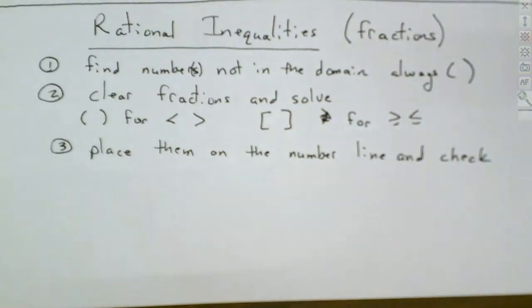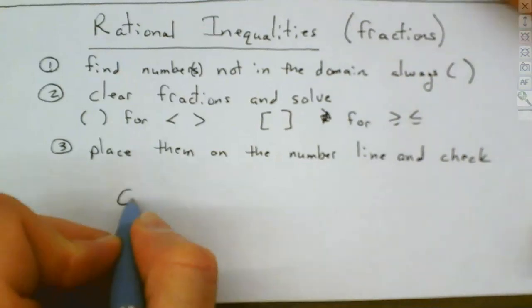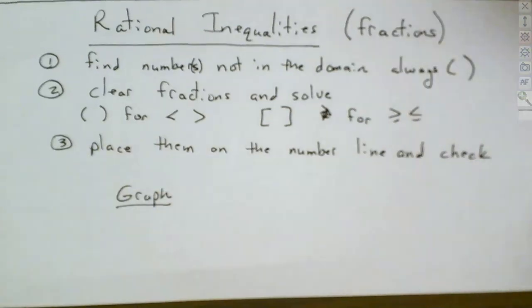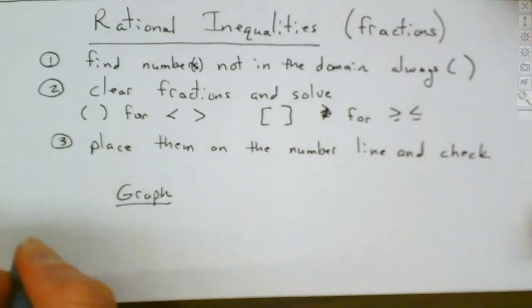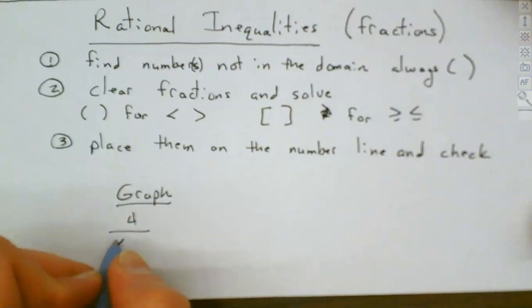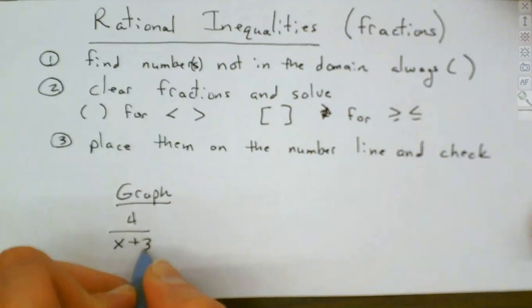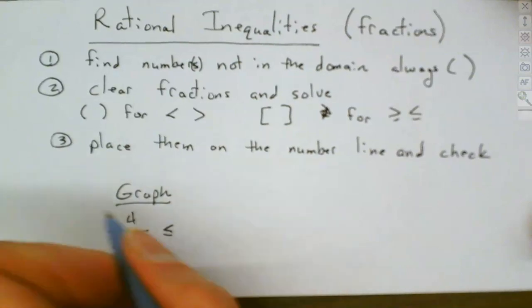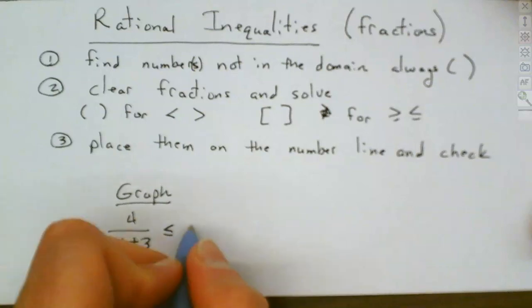So we'll start off here with a really easy one. And again, we're going to be graphing and solving these, and I just say graph it, but you're actually solving the inequality. Let's say I give you this. How about 4 over x plus 3 is less than or equal to 1.